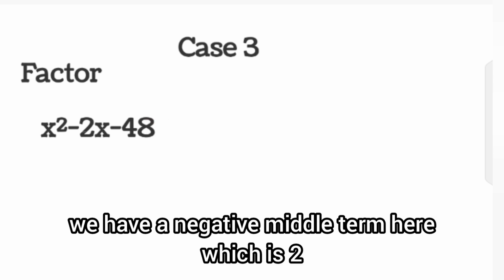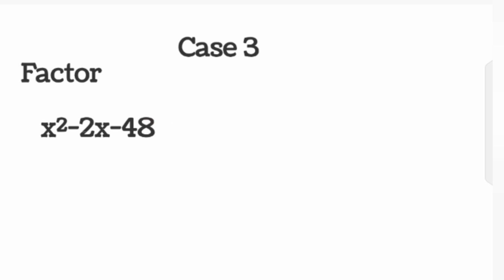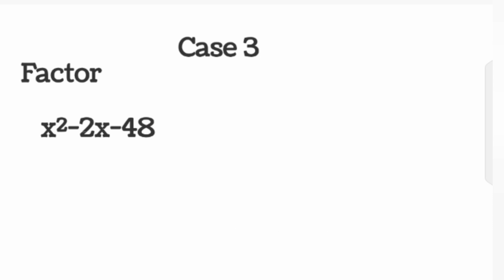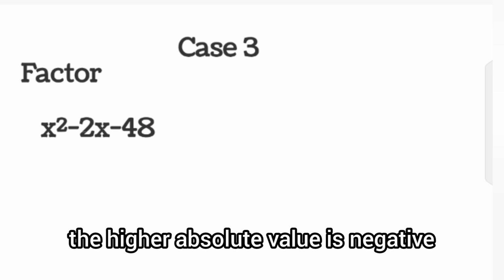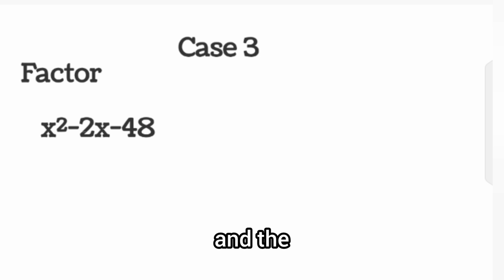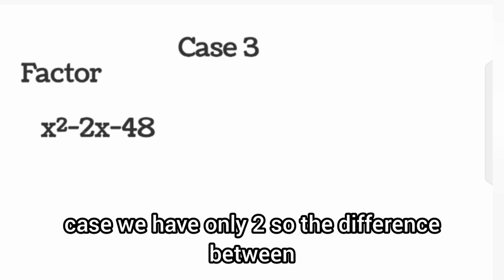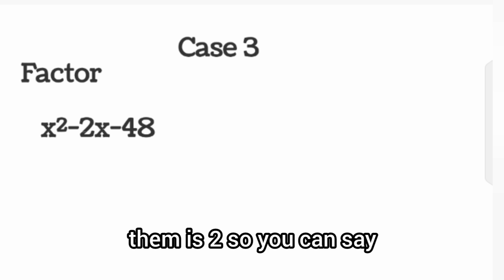We have a negative middle term here, which is 2. So this is a very close number. The higher absolute value is negative, and the lesser absolute value is positive. In this case, we have only 2, so the difference between them is 2.